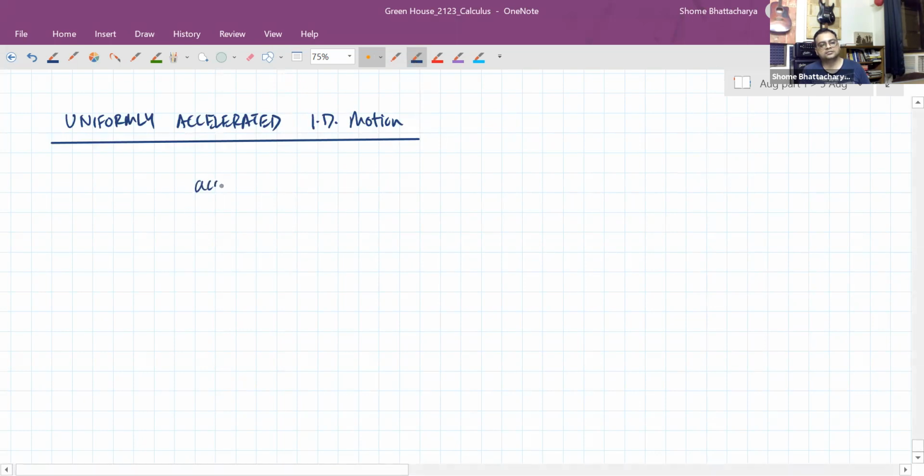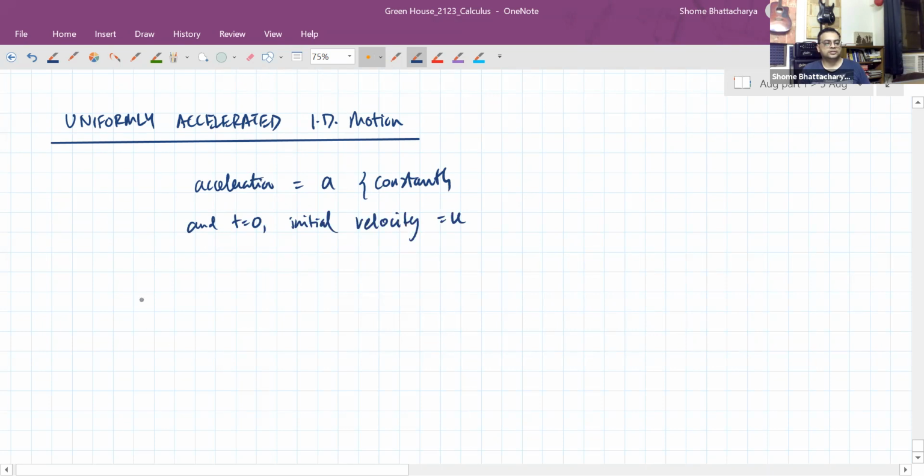So acceleration has a value equal to a, which is a constant, and at t equal to 0, the initial velocity is equal to u. This implies that dv by dt, which is a, is constant.